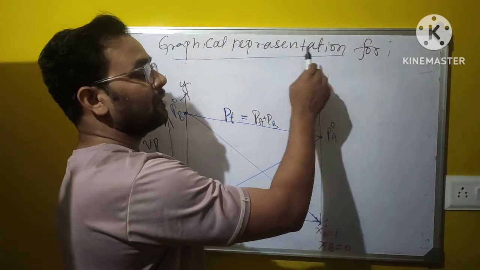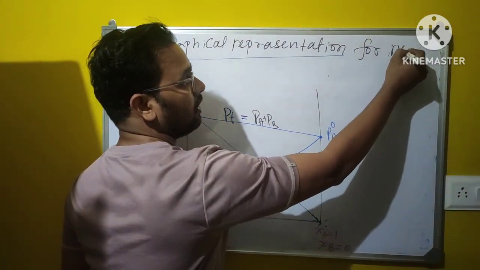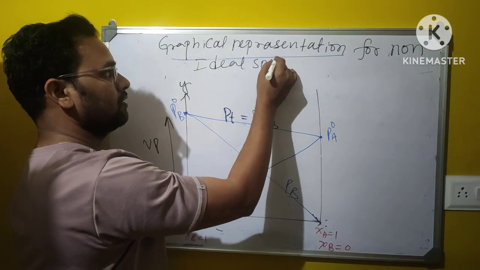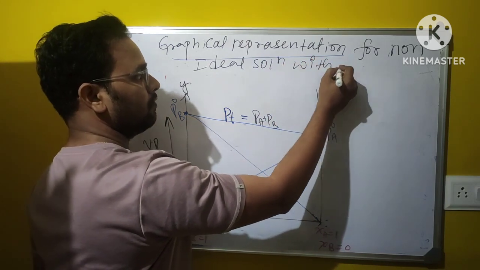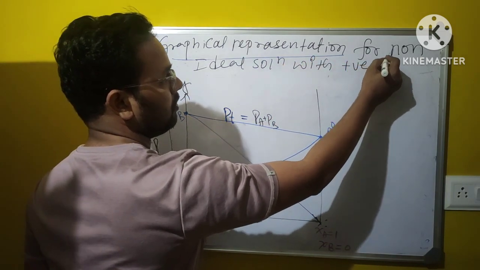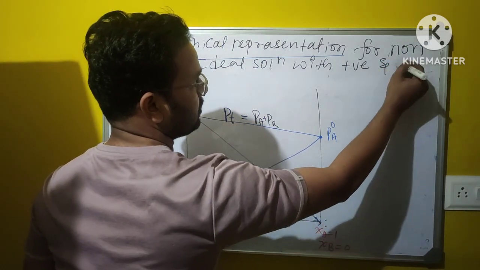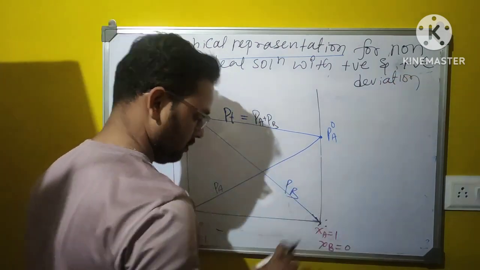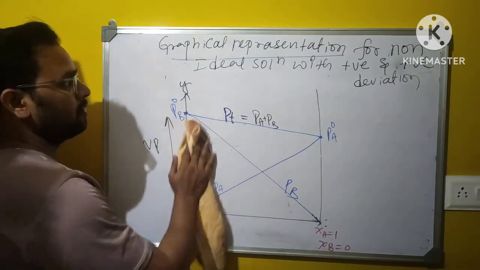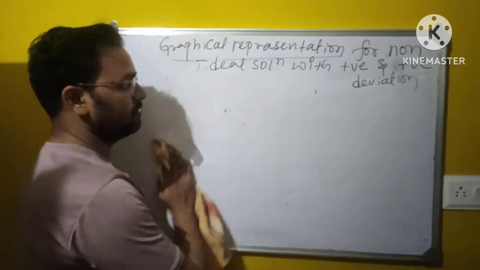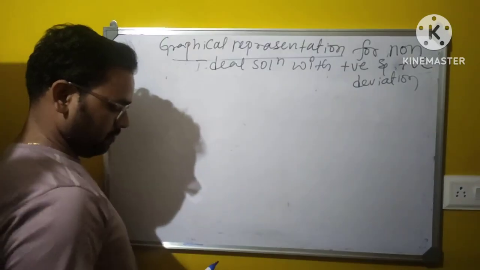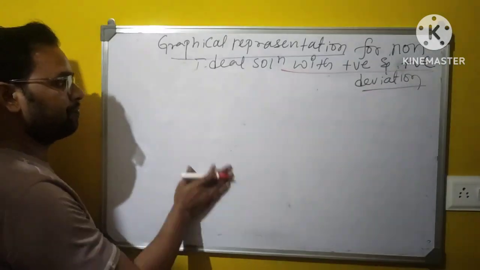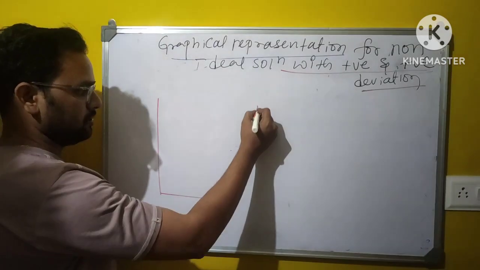So how we are going to draw it? Simple. Take 2 graphical representations.